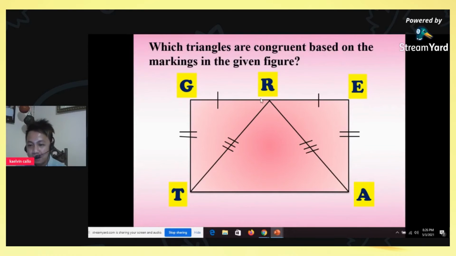Side GR is congruent to side ER. Side GT is congruent to side EA. Side TR is congruent to side AR. Therefore, triangle GTR is congruent to triangle EAR. Did you get it?